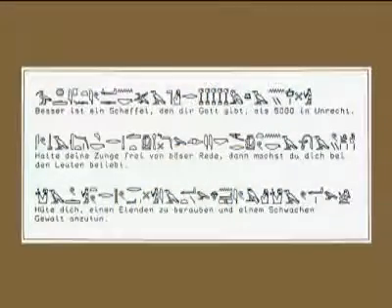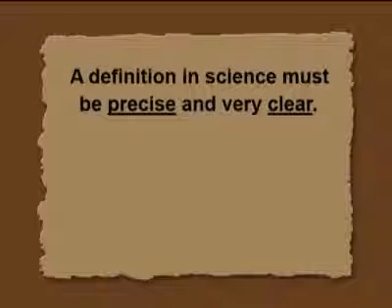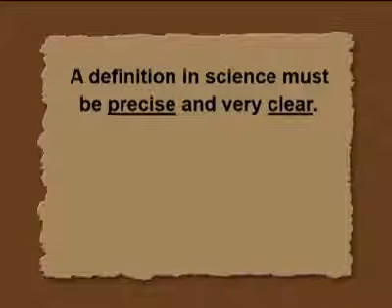Nowadays the hieroglyphics are understood. On this picture you see a translation made by computer. The input of the computer was a German text, and the output of the computer via plotter was a translation into hieroglyphs. It is because we understand this language that translations are possible. A definition in science must be precise and very clear.